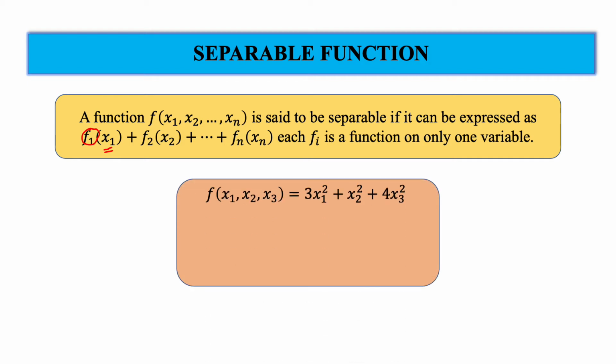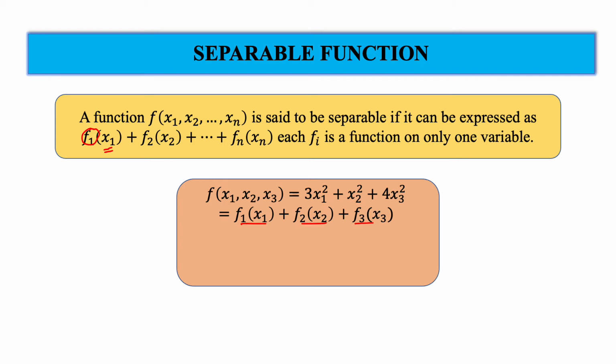We have a function of three variables x1, x2, x3: 3x1 square plus x2 square plus 4x3 square. This function can be written as a sum of three different functions where each fi is a function of one variable.